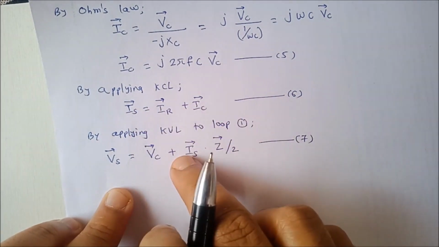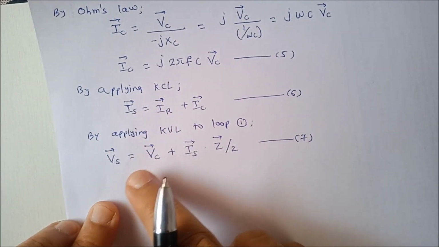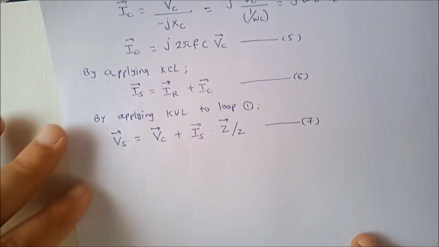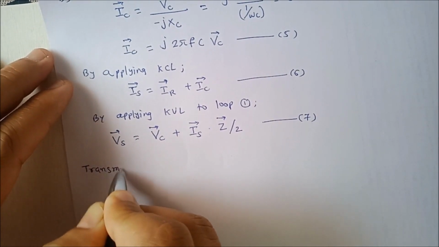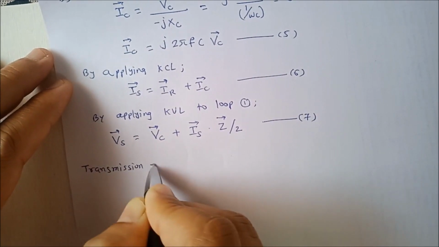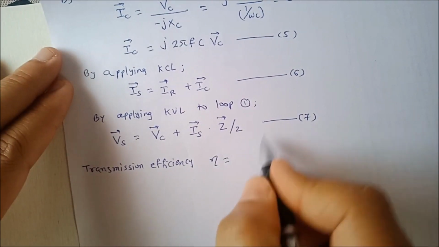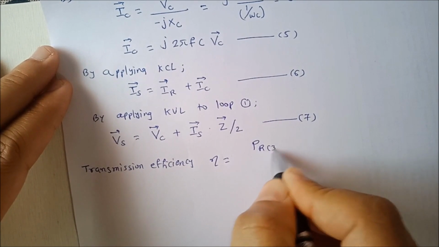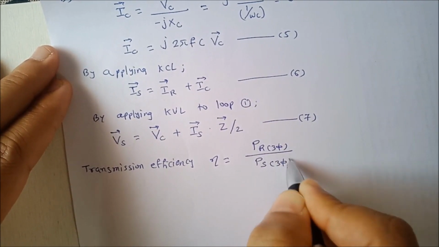Take the difference of the angles of Vs and IS and take the cosine of that, and you will get the sending end power factor. From that we can determine the transmission efficiency. The efficiency eta is the receiving end active power divided by the sending end 3-phase active power.